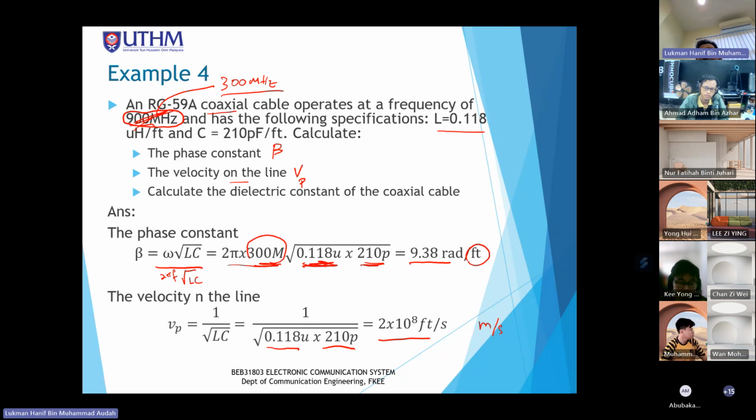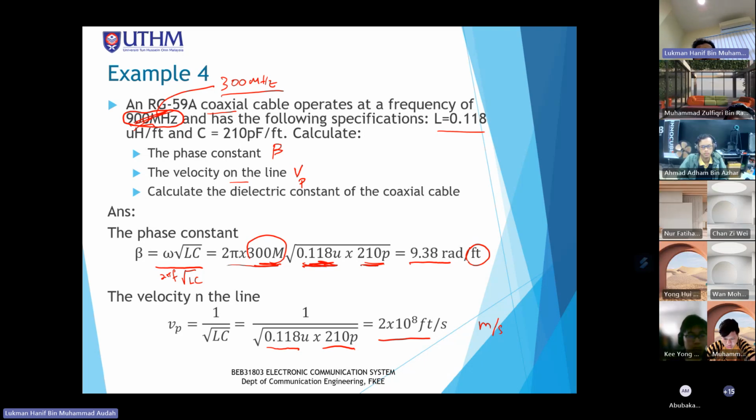The standard SI unit for speed is meter per second, but in this case we are given the parameters in terms of feet as a length, so we have to use it. So it is actually feet per second.